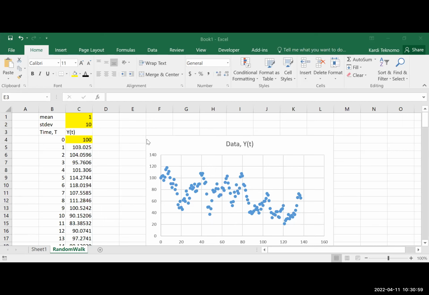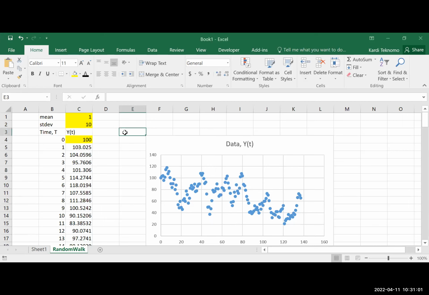Sir, I'm sorry, what did you ask us to do, sir? You can create a random walk and then find the pattern from a random walk. Oh, okay, sir. Can you create a random walk?